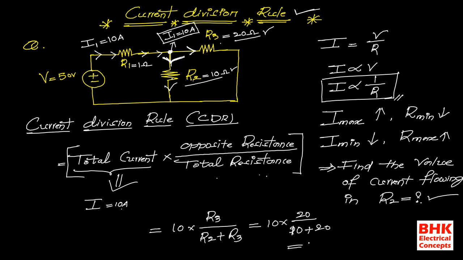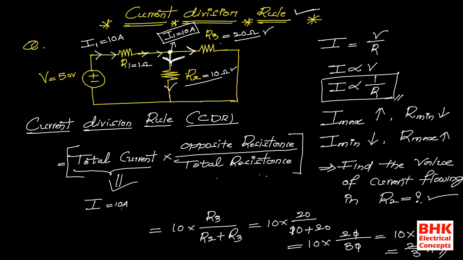By simplifying this, you will get 10 into 20 divided by 30. Here 0 gets cancelled, then 10 into 2 divided by 3, that is 20 divided by 3 ampere, the current flowing in R2.